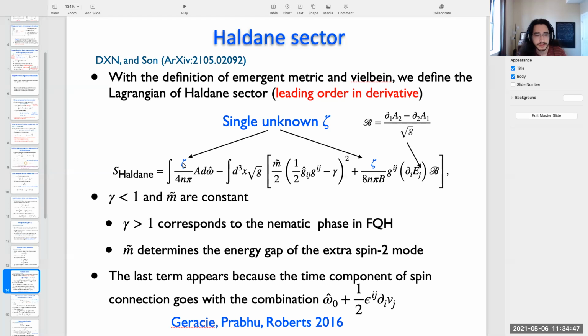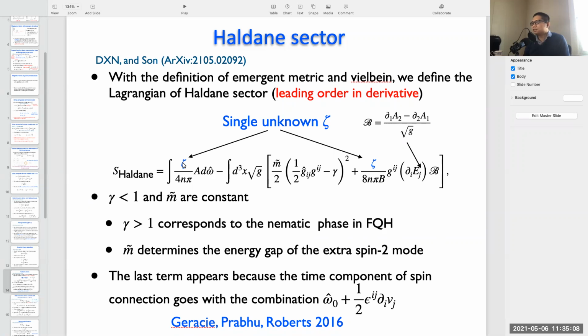I see. But I guess my question was, or maybe a sharper way of phrasing it is, in order to get the right answer for the static structure factor, does this require additional momentum dependent terms that you might get on integrating out the Haldane sector? No, we don't need more.